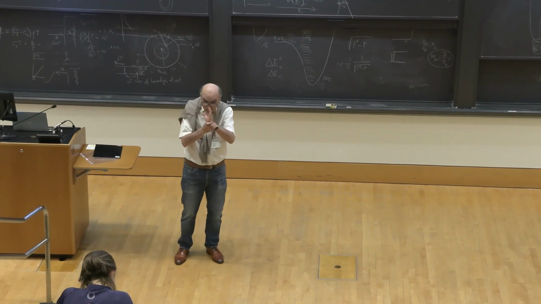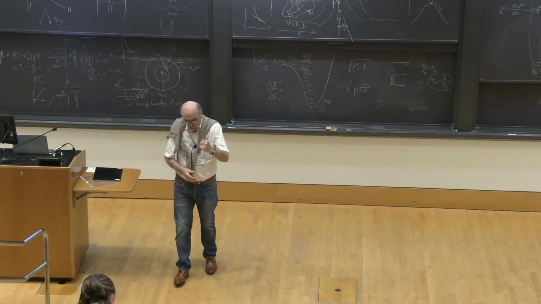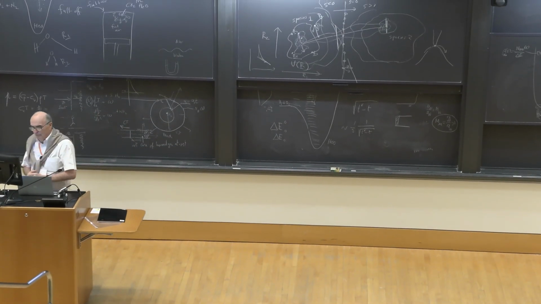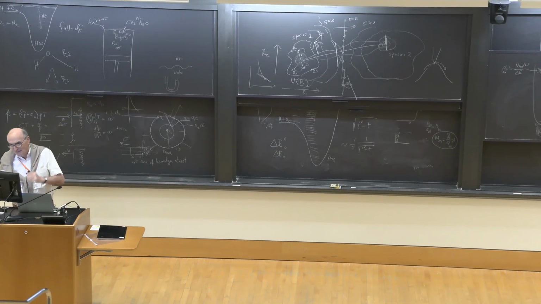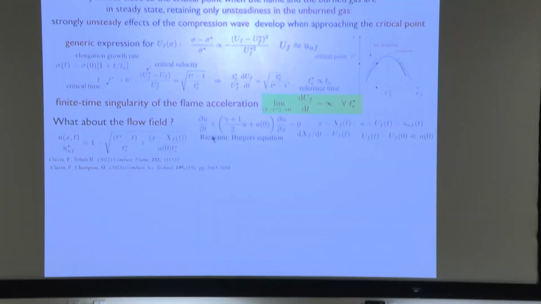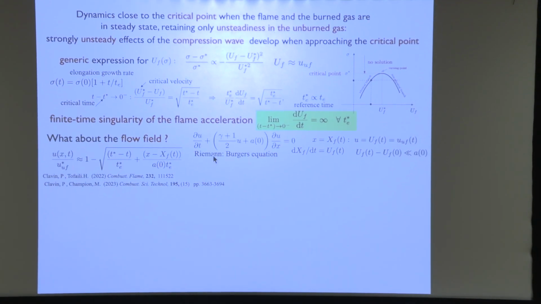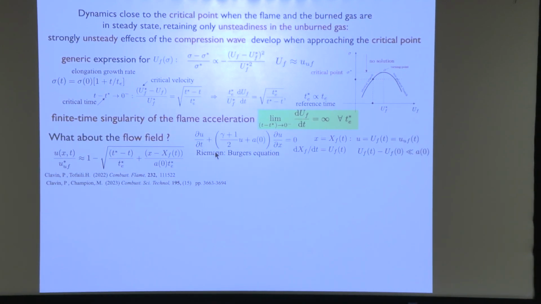The flame is like a piston. But what about the flow? Go to Riemann. You have to be a little bit more clever than Riemann. In fact, you have to go back to Riemann, and this is very well explained in the Landau book of fluid mechanics, for those who are interested.